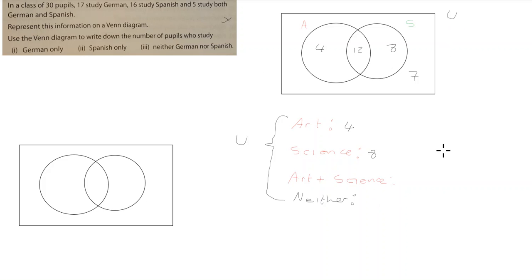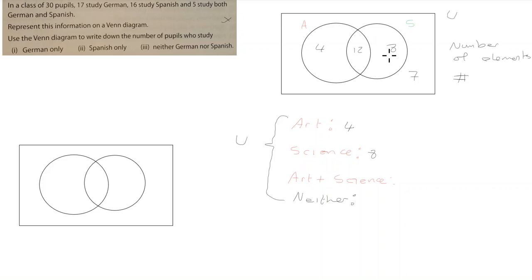Now when we use Venn diagrams to solve real world problems, we're not necessarily going into all of the individual elements. We're generally interested in the number of elements. We sometimes call that the cardinal number, and we use this symbol here to represent it.